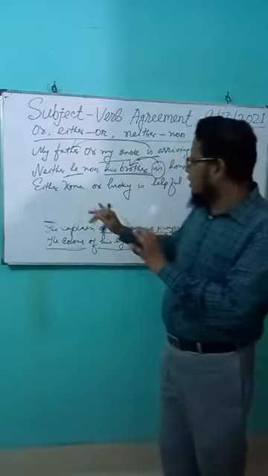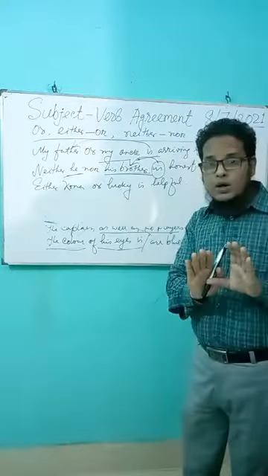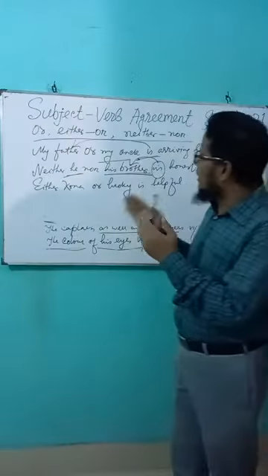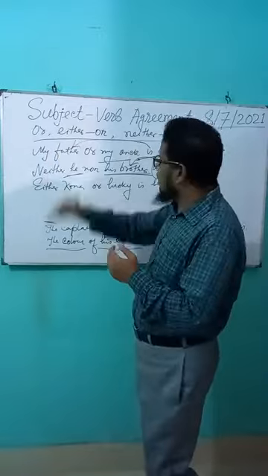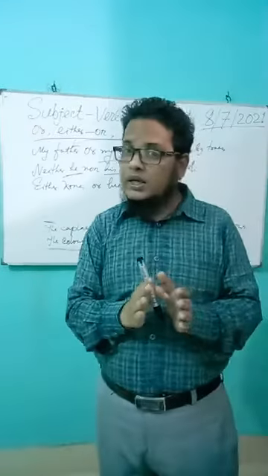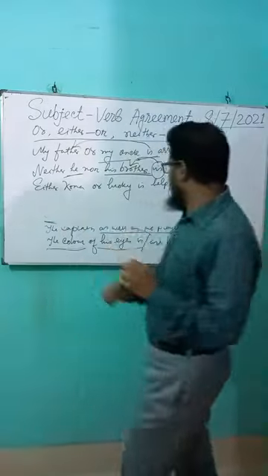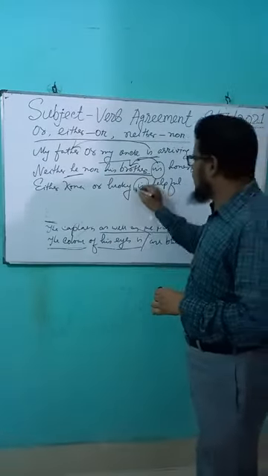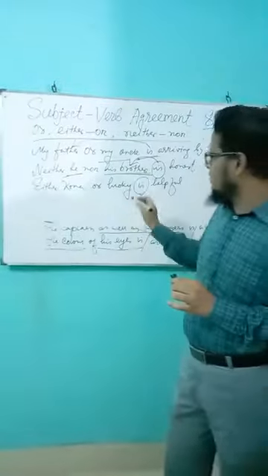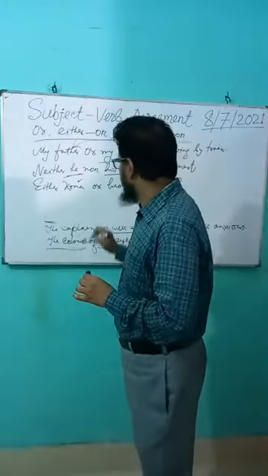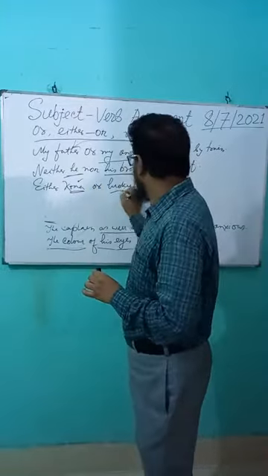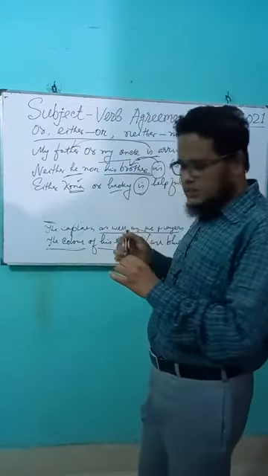Have a look, both Kwana and Lucky are singular, and that's why if either or and neither nor connect two singular subjects, they take a singular verb. So either Kwana or Lucky is helpful, not are helpful, because both subjects are singular, and that's why the verb must be singular.